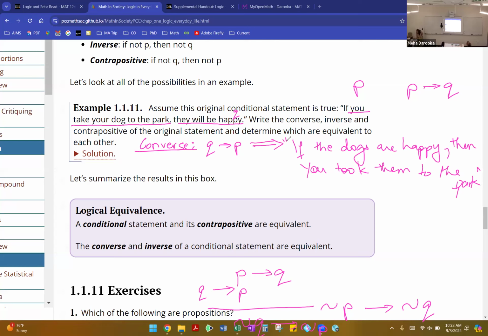All right, let's try inverse. Since I'm writing on top of each other, I'll change my color here. So remember, inverse was not P implies not Q. So you're keeping the same order as the original. We're just negating it. So again, how would you write that out in English?